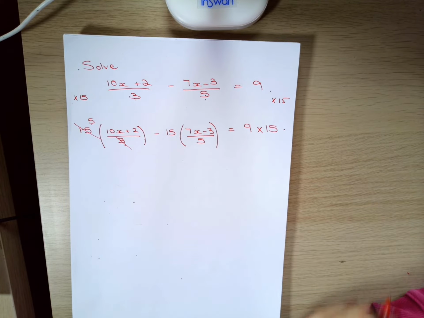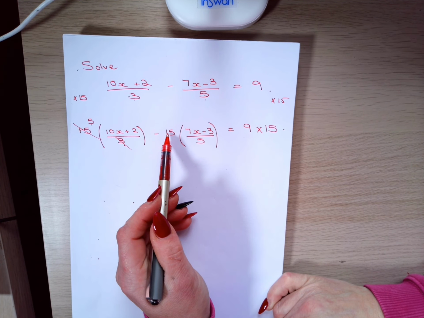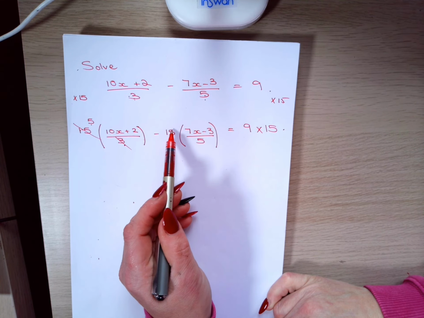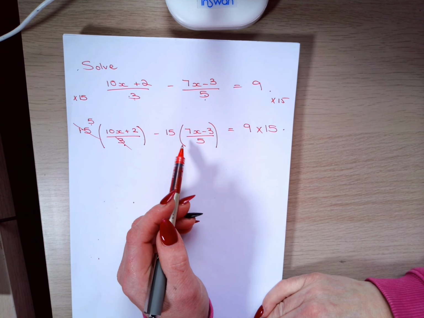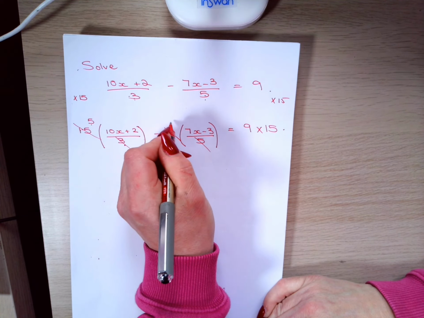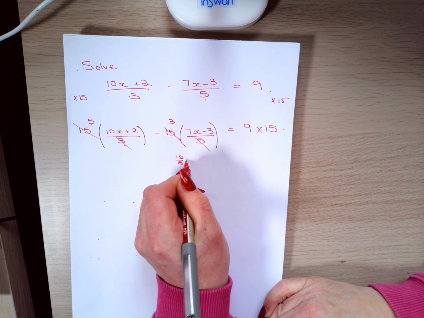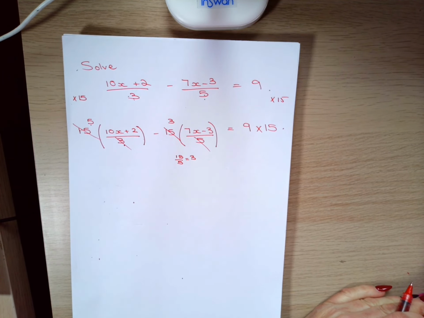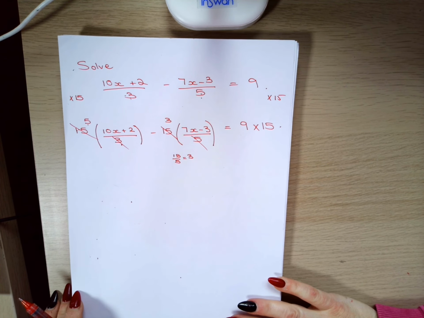Let's have a look at the next fraction. You're multiplying by 15, and then you're dividing by 5. So that's the equivalent of multiplying by 3, because 15 divided by 5 is equal to 3. And then you've got the 9/15s, which we'll deal with in a minute.